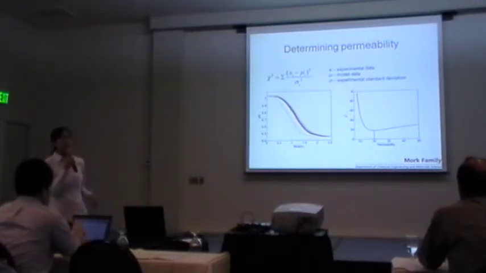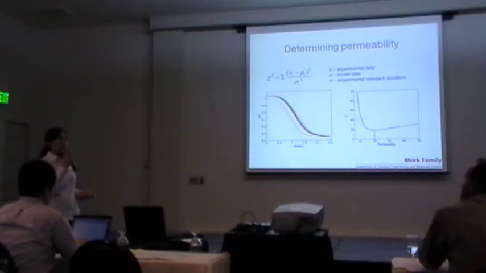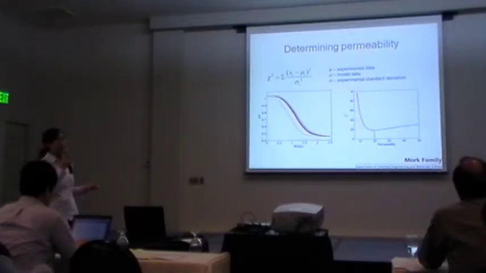And to determine the permeability for these acids, we first set a series of permeabilities in the finite difference model, and the internal concentration change can be obtained. This calculated data was compared with the experimental data, and a series of chi-square values can be obtained.